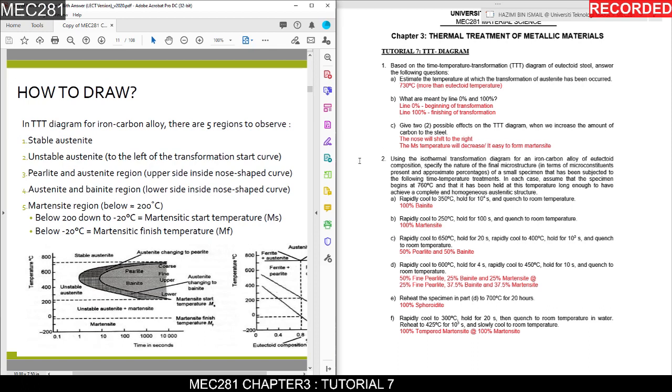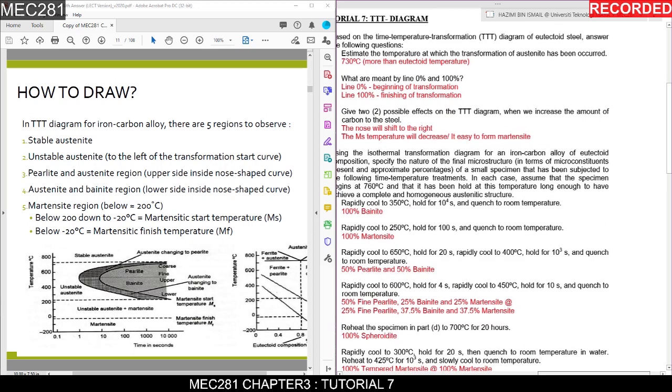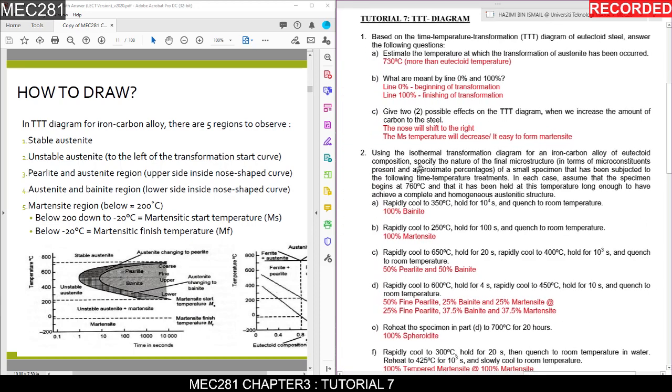Okay, so let's go to question 2. Using the isothermal transformation diagram for an iron carbon alloy of eutectoid composition, specify the nature of the final microstructure, in terms of microconstituent present and approximate percentage, of a small specimen that has been subjected to the following temperature treatments.